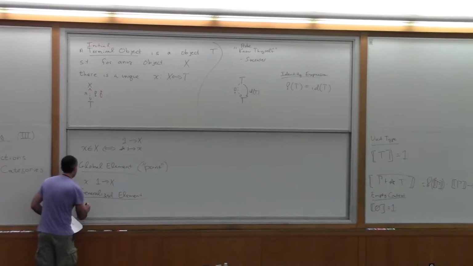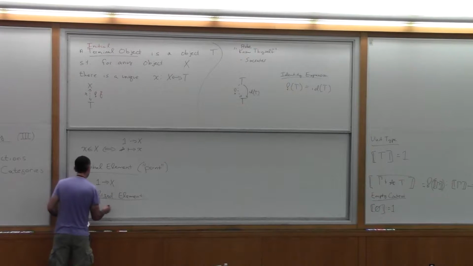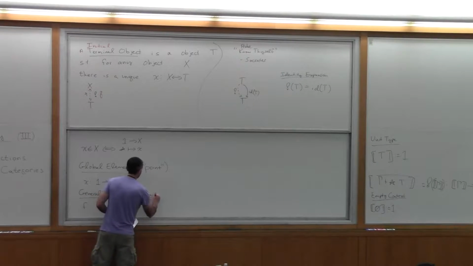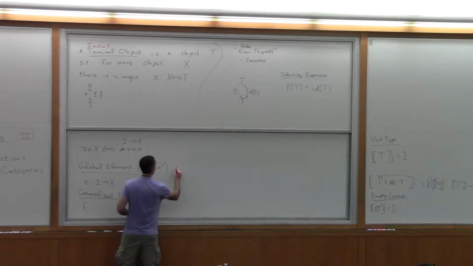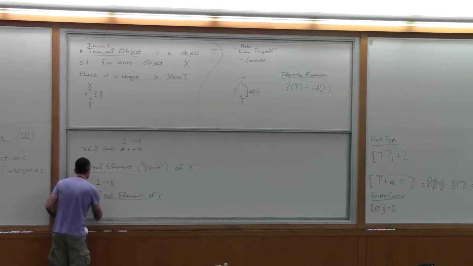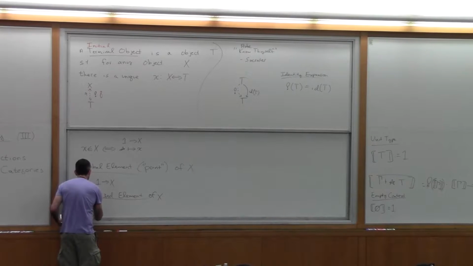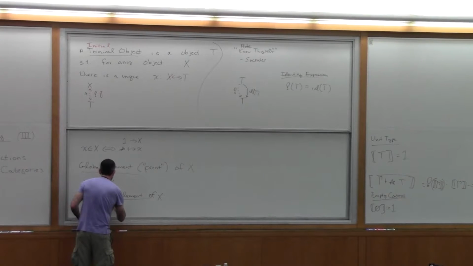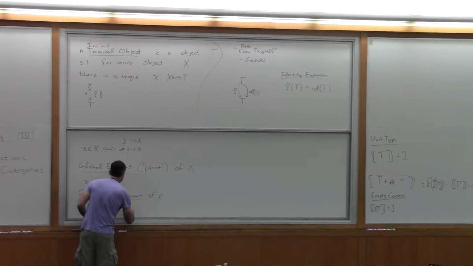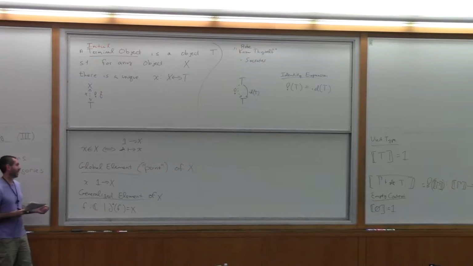And that is any arrow into X. Let me say it this way: an arrow in whatever category, such that the codomain of that arrow is X. So do you remember yesterday we came up with another way to say this?